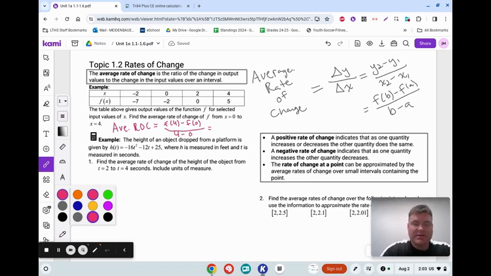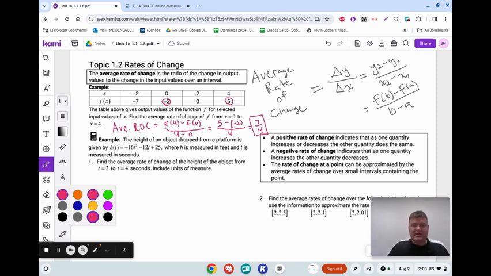F of 4 I see here is 5 minus f of 0 I see here is negative 2, all over 4 minus 0 is just 4. 5 minus negative 2 is going to be 7 over 4 is my average rate of change in that table.